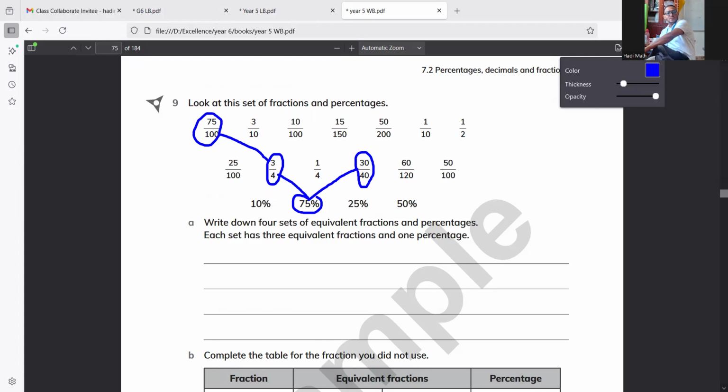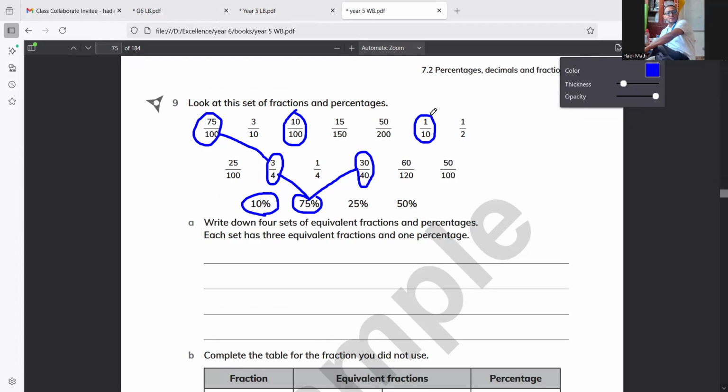Okay, let's have them as a group. And then we go to the 10%. And we have 10 over 100 goes together. And we have 1 over 10, it also goes with them.